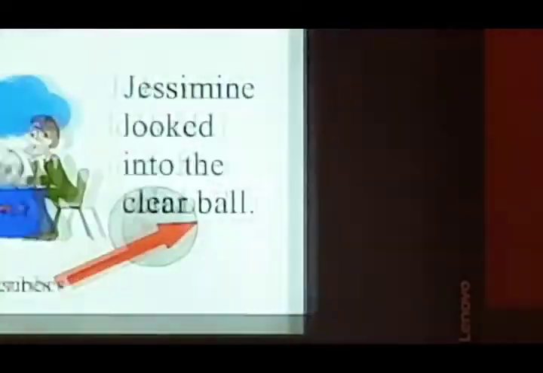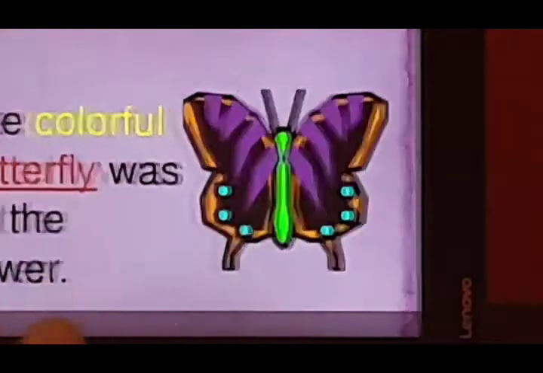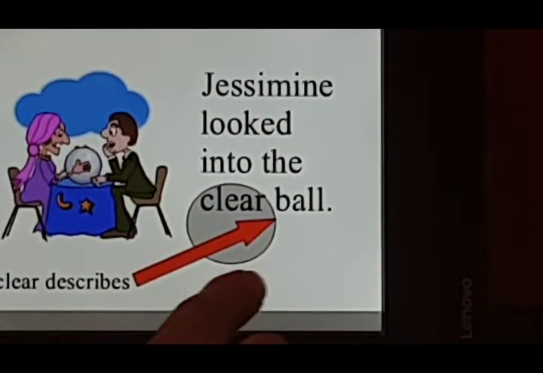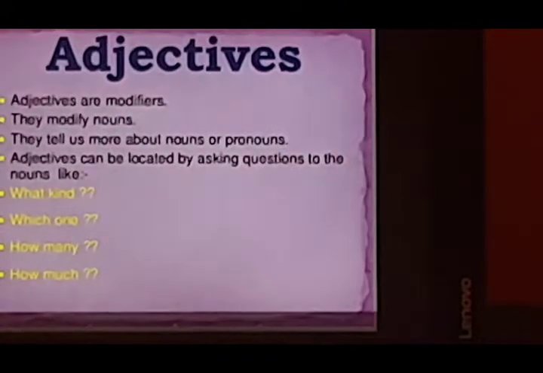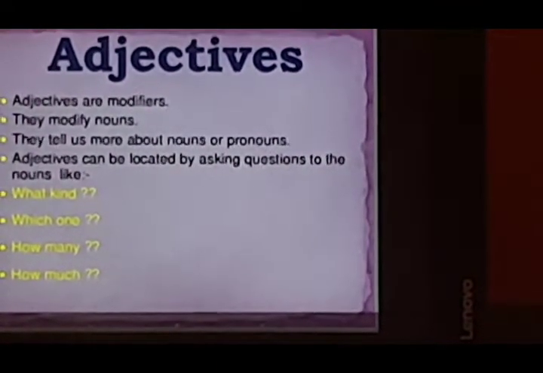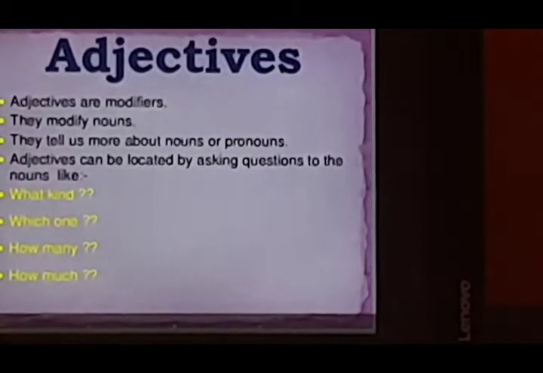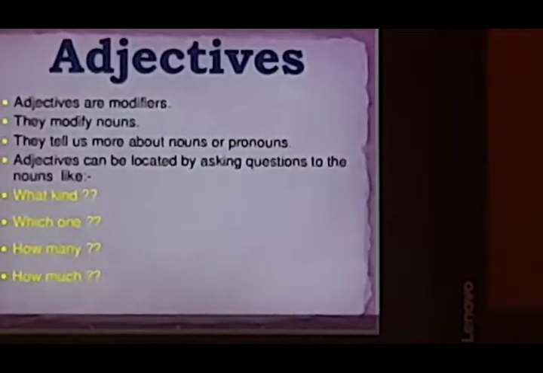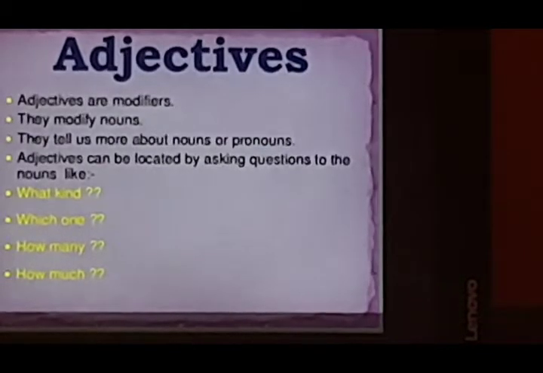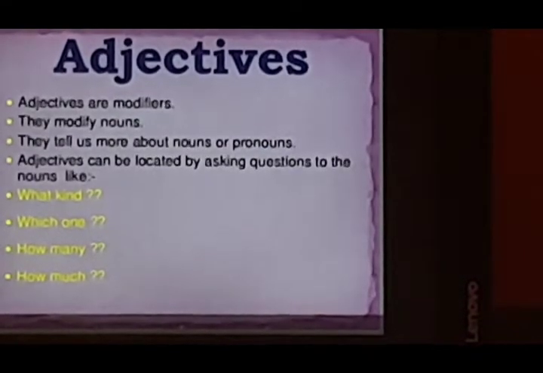So all these words, clear, colorful, big, small, four, what are they doing? They are describing some nouns. How are they describing the nouns? They are describing the noun by answering questions like what kind, which one, how many, how much, and many more others.